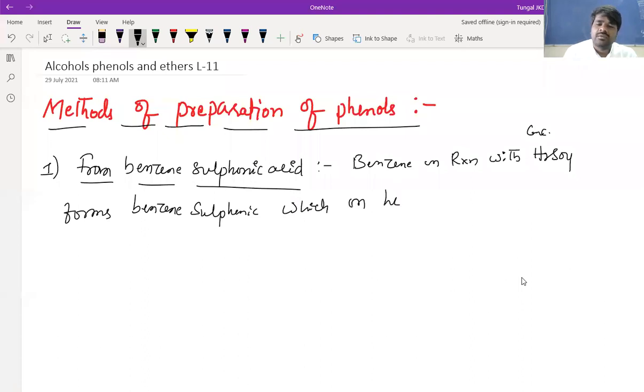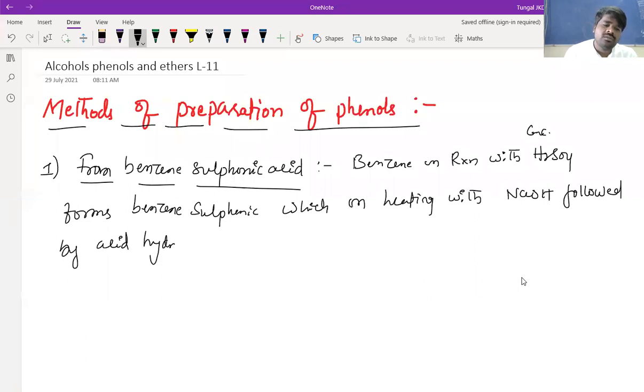Which on heating with NaOH, followed by acid hydrolysis, forms phenol, beta.